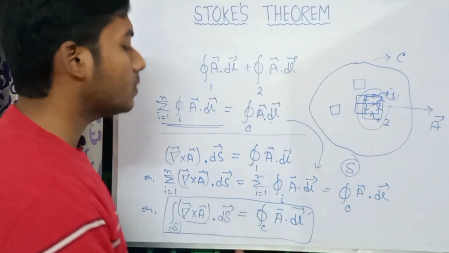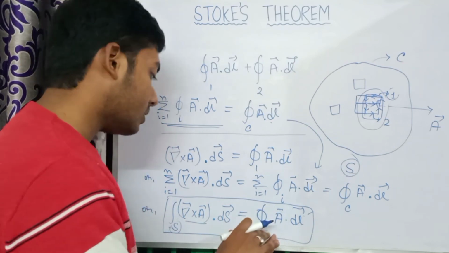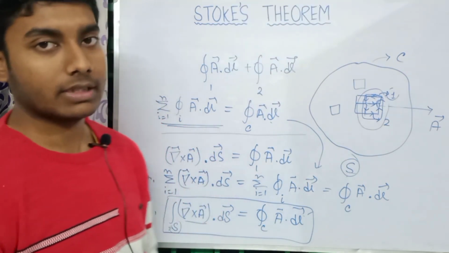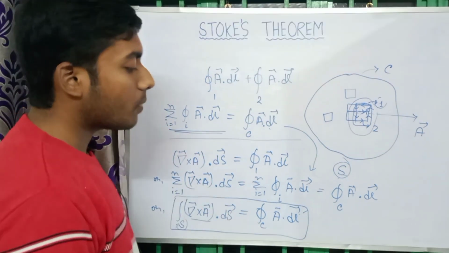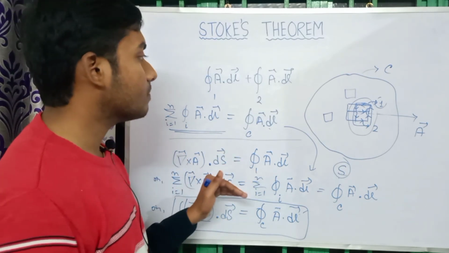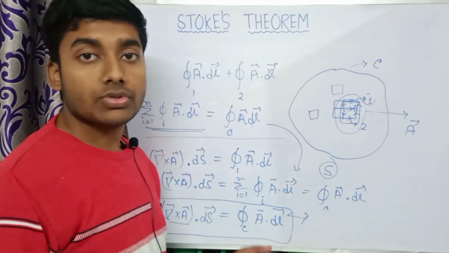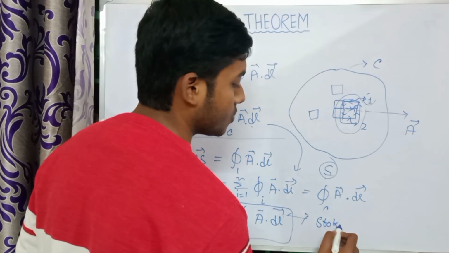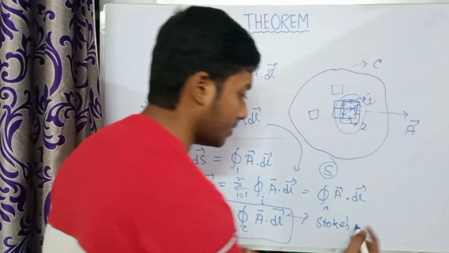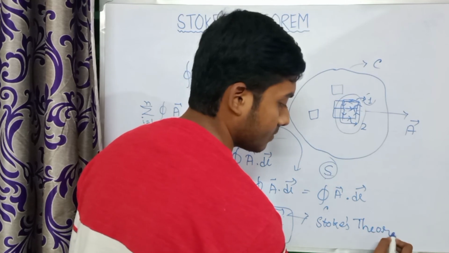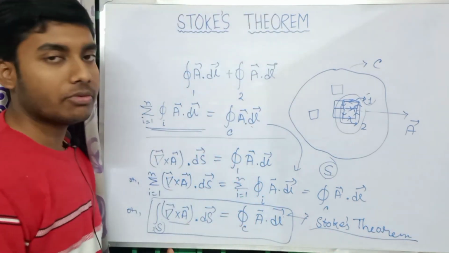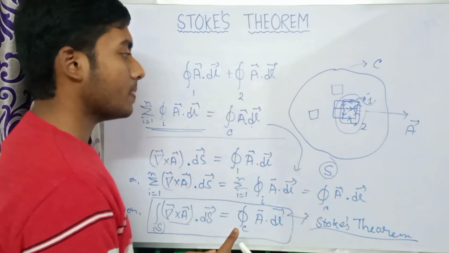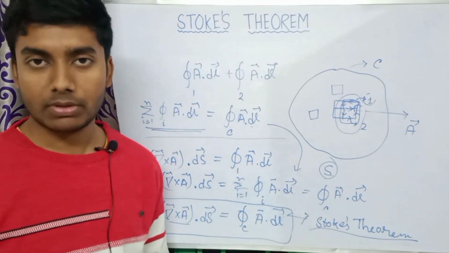So this is a beautiful relation between the line integral of a vector field and its surface integral. This is a very important and fundamental theorem of vector calculus. This is nothing but our so-called Stokes theorem, or Stokes curl theorem. I think you have understood the total concept of curl and this theorem and everything behind the concept of curl.